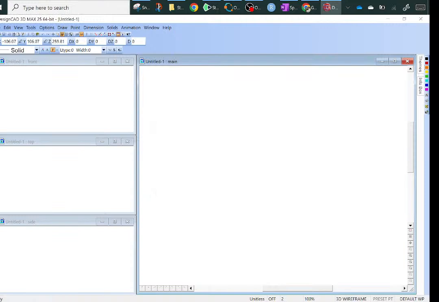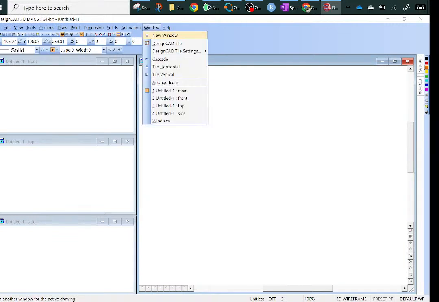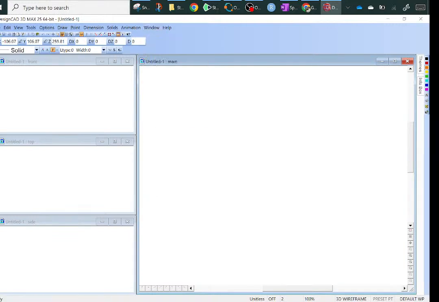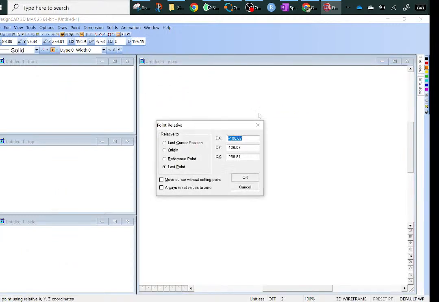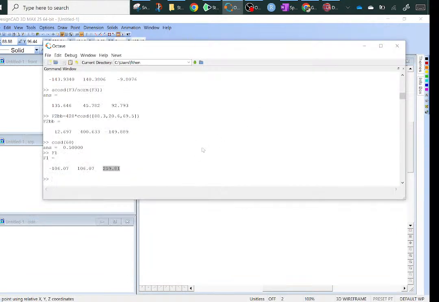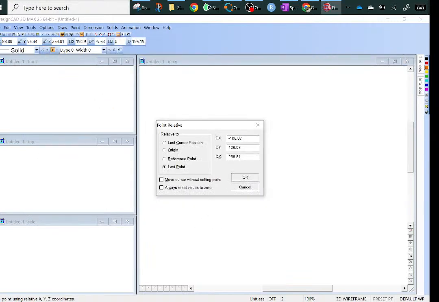Now let's see what I should do. Wrong. Keyboard layout is weird here. Okay, so it's looking for the next vector. Okay, so I think if I do that, relative to the last point. Okay. So now I'm going to add F2 to it. It's 250. So I'm adding 250.